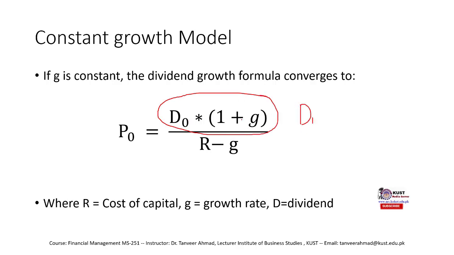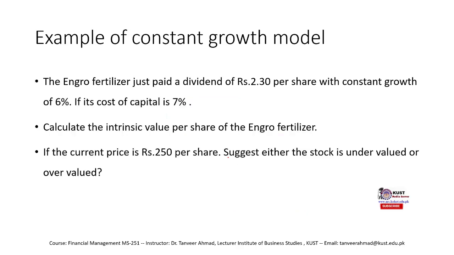So D naught into 1 plus G is equal to D1, the dividend of next year, divided by R minus G, where R stands for cost of capital, G stands for growth rate, and D stands for the dividend. So let's solve an example, and it would be more clear to us.